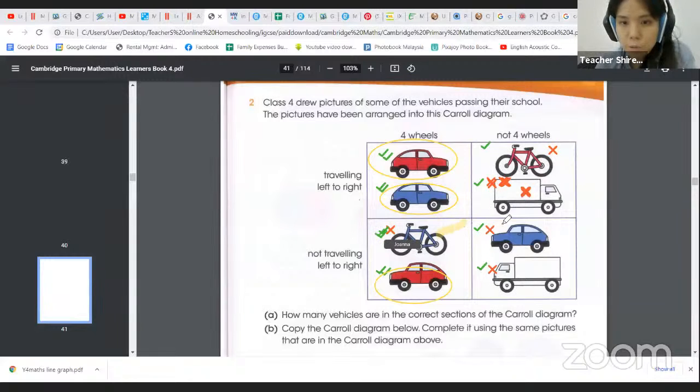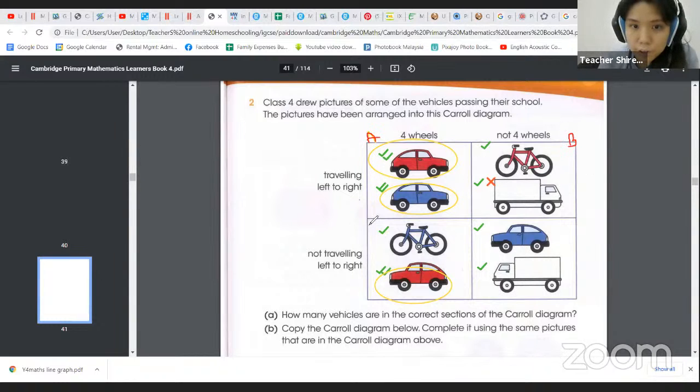So this one, you're supposed to go to, let's say this is A column, this is B, this is C, this is D. Okay, so this one correct, leave it A. This one correct, leave it A. This one correct, leave it C.